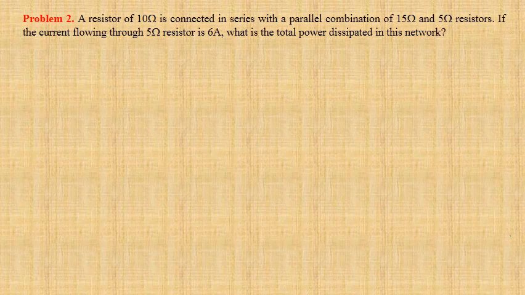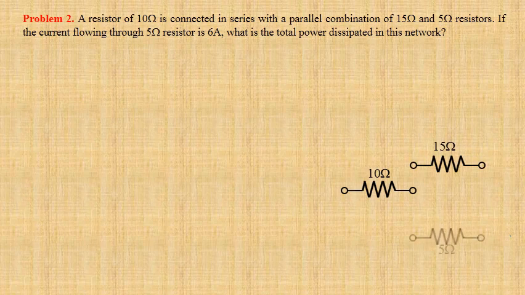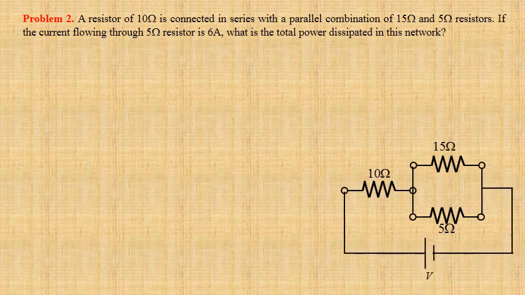A resistor of 10 ohm is connected in series with a parallel combination of 15 ohm and 5 ohm resistors. If the current flowing through 5 ohm resistor is 6 ampere, we have to determine the total power dissipated in this network.